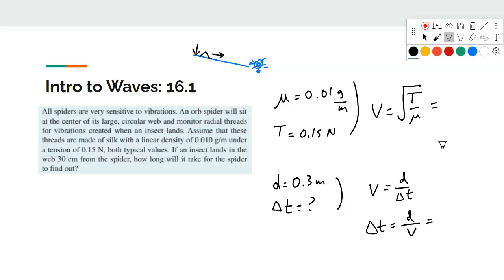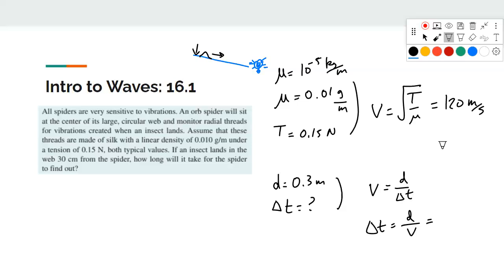And so we can plug in, well, first we need to make sure to convert our mu into kilograms per meter. So right now this is 10 to the minus 2. So we need to divide again by 1,000. So we have 10 to the minus 5 kilograms per meter. And now we can just plug those two values in, and I get 120 meters per second, which is quite fast.